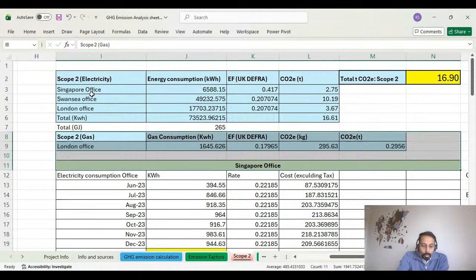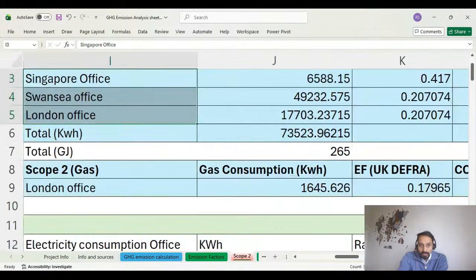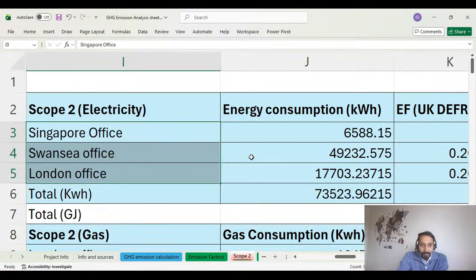In scope 2, that is indirect emissions from electricity, so purchased electricity. Here we mentioned the three offices, which are the London office, the Singapore office, and scope 2 related energy. This is a hypothetical amount, and these are the energy consumptions by the offices.